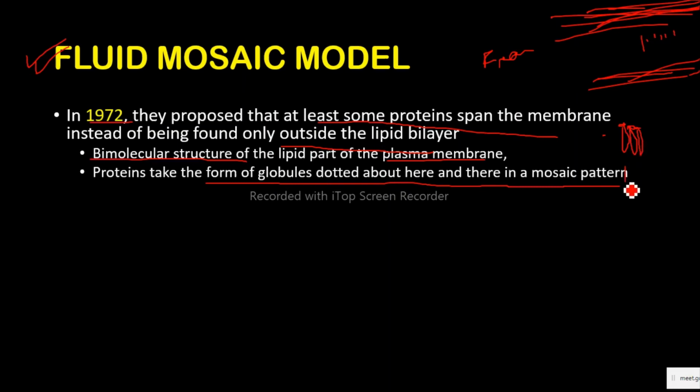These are lipids and they form a bimolecular layer. It's a layer of two. However, some proteins, if you observe from the surface, they form some dots. They are dotted, and the dots are in some mosaic pattern. There is no uniform arrangement, but they just form a mosaic pattern if you observe from the surface.